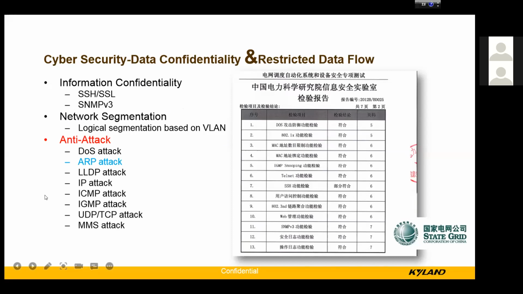And we also have some private functions to support anti-attack. Now we have supported DoS attack, ARP attack, and other attack protection. And this is also a report from China State Grid. And you can see that these tests are all passed here.